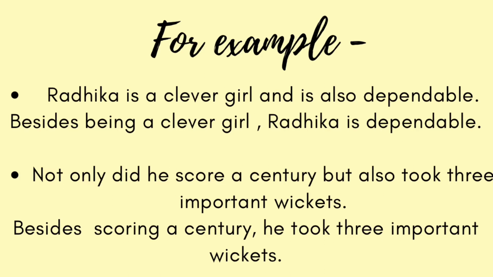You will not write, besides being a clever girl, Radhika is also dependable. That would be wrong. Let's see another example. Not only did he score a century, but also took 3 important wickets. Besides scoring a century, comma, he took 3 important wickets.